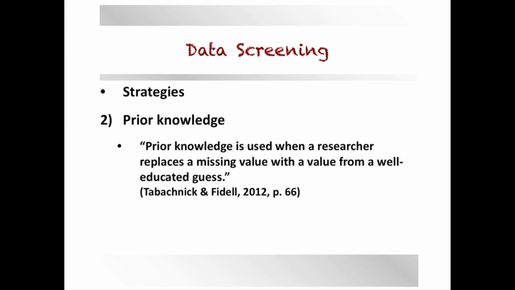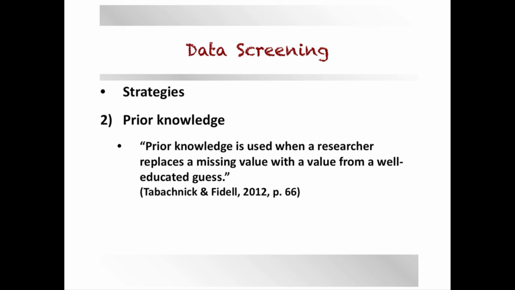Okay. Prior knowledge is used when a researcher, this is funny, replaces a missing value with a value from a well-educated guess. This sounds very unscientific and even unethical. But a well-educated guess is one where maybe there was reason to believe that the people who were missing a certain value just couldn't complete the data set that day because, and you were present in the experiment, something happened that you saw, and so you knew what they were going to say, but they couldn't.